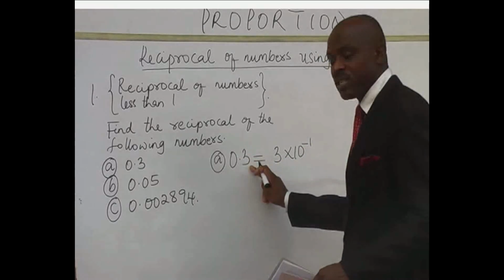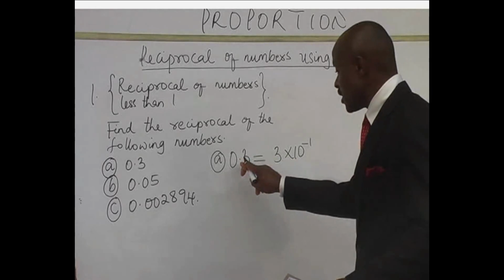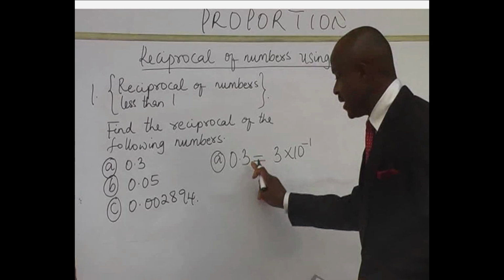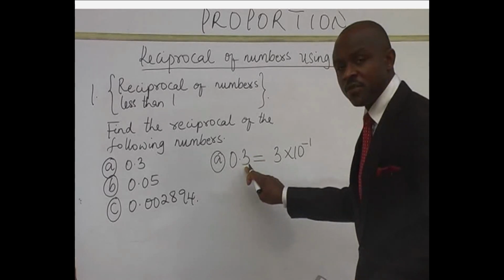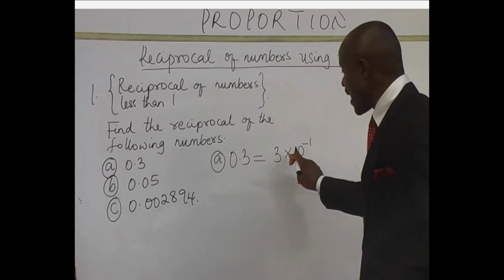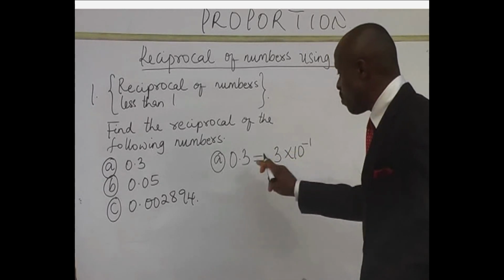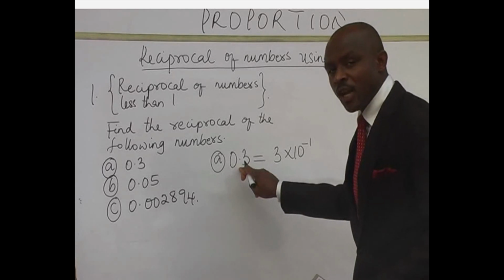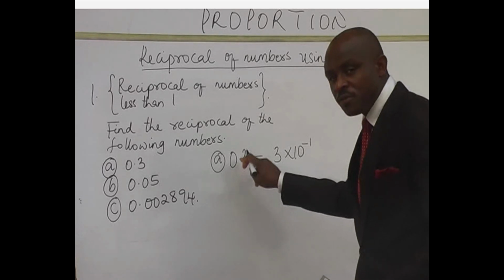That was what gave you 3. Because if the decimal should leave here and come behind 3, 0.3 changes to 3. Then you write times 10 raised to the power of minus the number of times you moved the decimal.